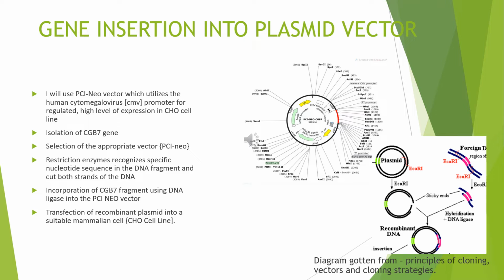Then I will use the restriction enzyme EcoRI to cut the DNA fragments and also the plasmid at the restriction site. Then I will incorporate the CGB7 fragment with DNA ligase into the PCI-NEO vector, and I will transfect the recombinant plasmid into a suitable mammalian cell.